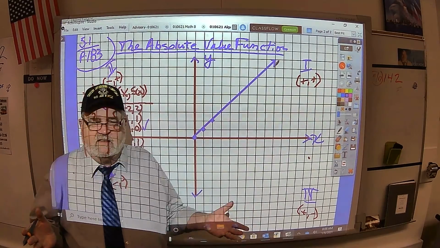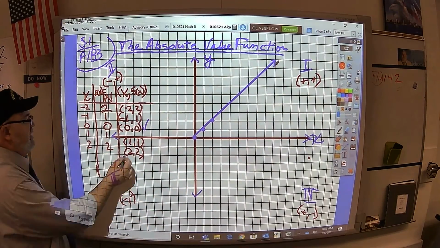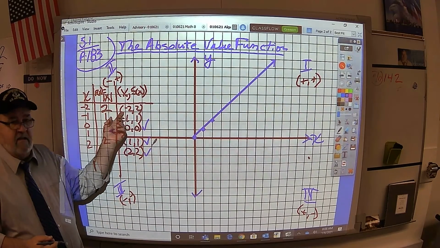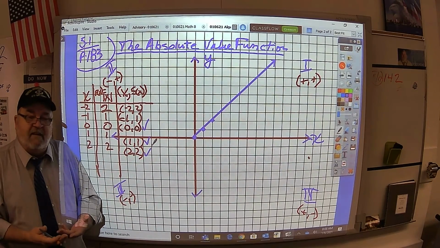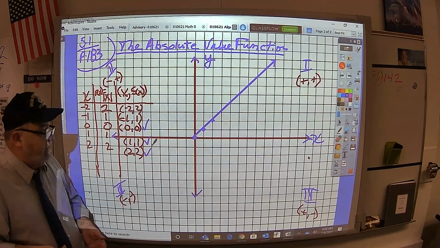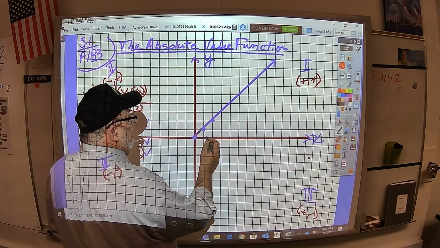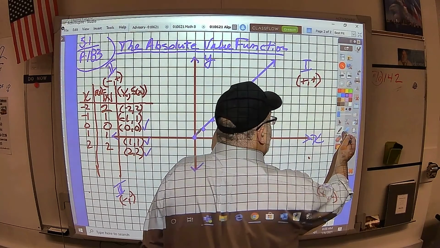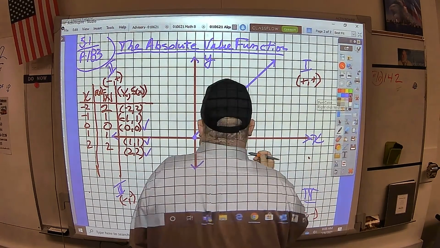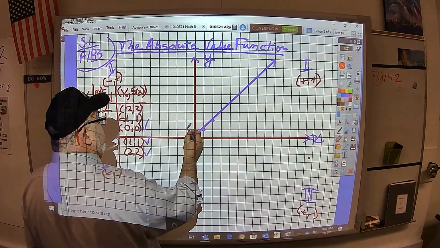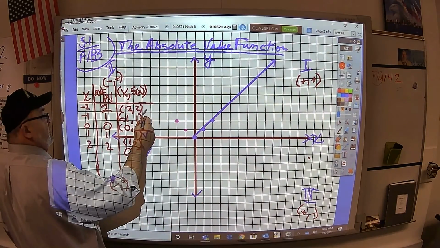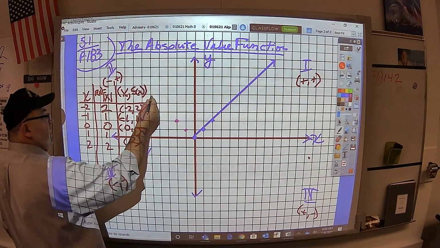We're not done with this yet though, right? That takes care of these 3 coordinates. I need these coordinates in here, and that's where we see the infamous absolute value function. The absolute value function is going to look like this. And let's use a different color just to be sure that we understand that 2 things are going on. We have -1, 1, and we have -2, 2.